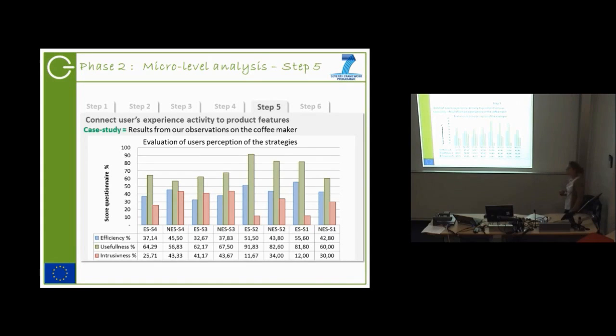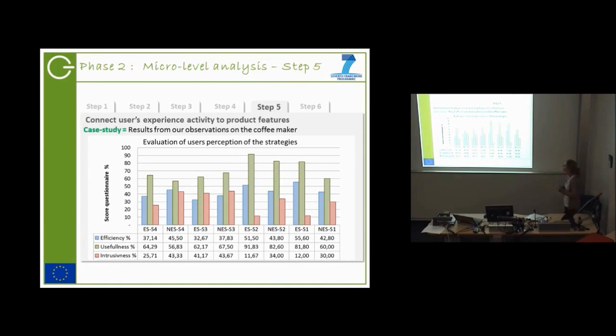This is a qualitative questionnaire that helps us to measure the perception of efficiency, usefulness, and intrusiveness of the strategies, because it needs to be taken into account by designers in order to find which strategy is the best perceived by the users.